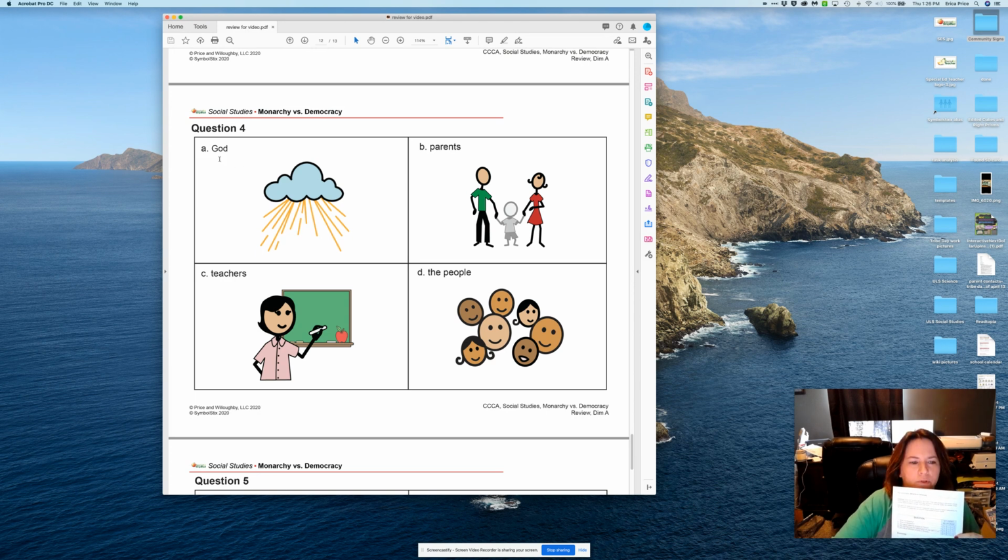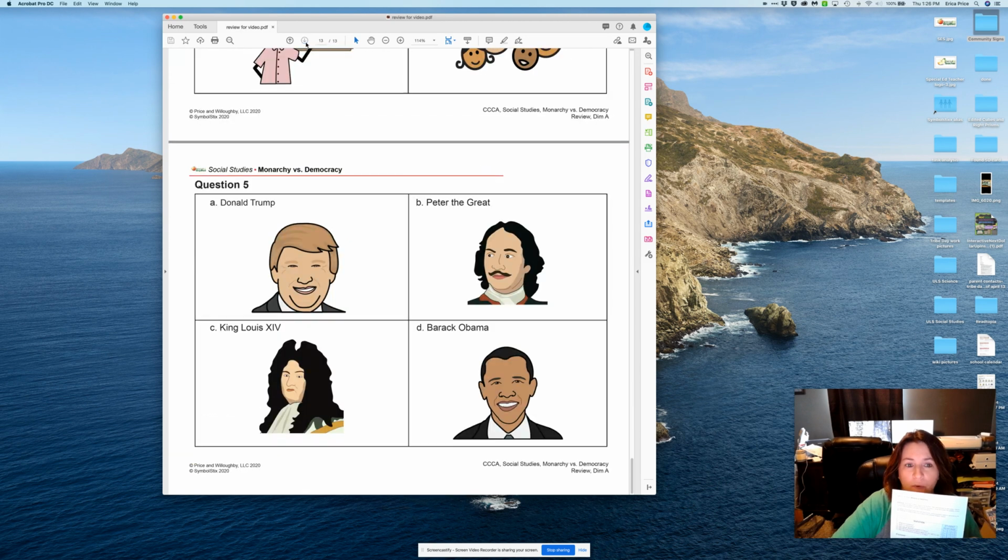Okay, so you should have written your answer down on paper or circled it. Let's move on to the last question. Question number 5. Who was an absolute monarch in Russia? Was it A, Donald Trump, B, Peter the Great, C, King Louis XIV, or D, Barack Obama? Who was an absolute monarch in Russia?